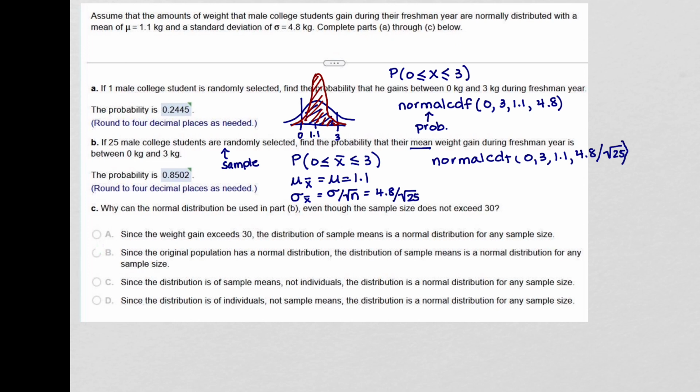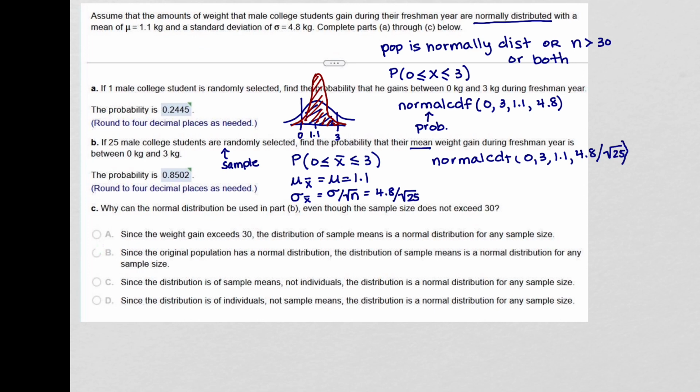So we have to have either our population is normally distributed, or our sample size is greater than 30, or both. That would be even better if both. But at a minimum, you need one or the other.